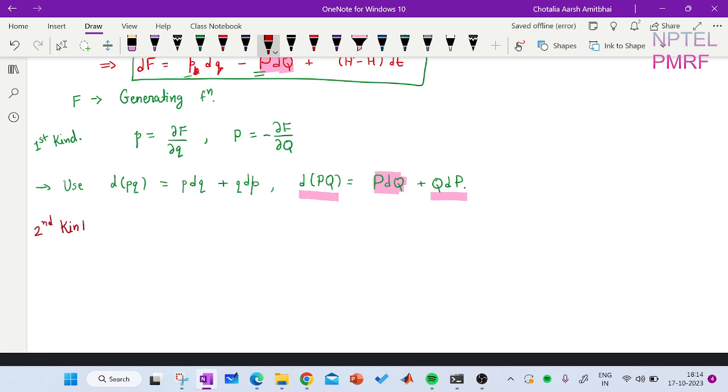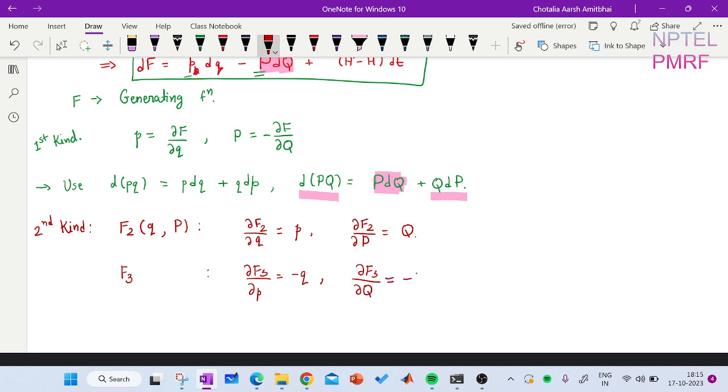The second kind is F2, which is a function of old q and new P, in which del F2 by del q is small p, and del F2 by del capital P is capital Q. Then you have the third one, in which del F3 by del small p is equal to minus q, and del F3 by del capital Q is minus capital P. So this F3 would be a function of small p and capital Q, right?